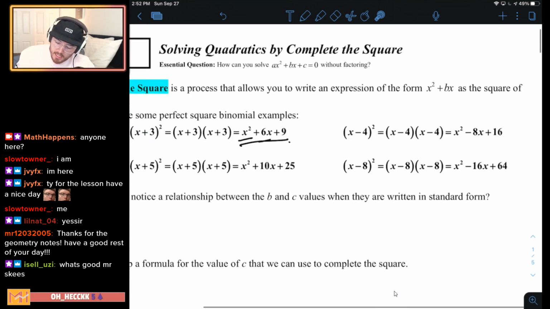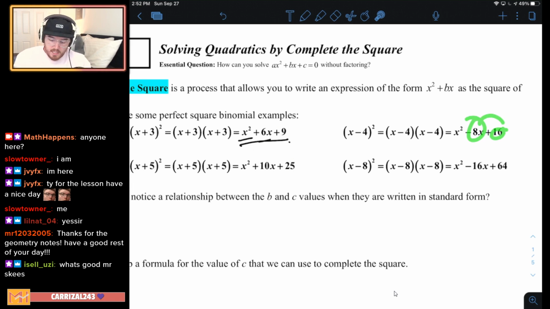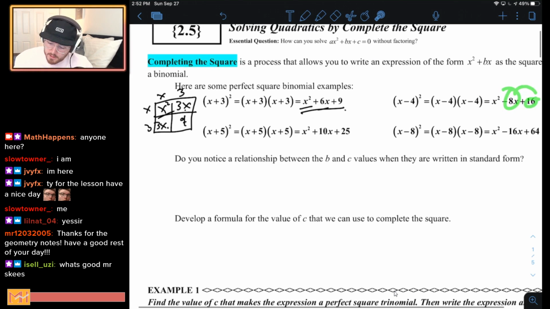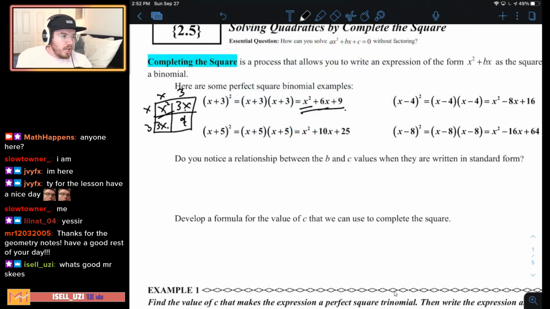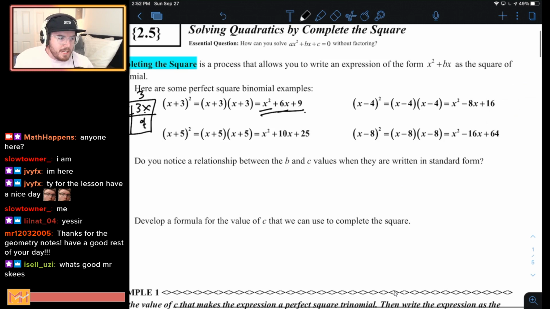What's the relationship between these two numbers? How do we get from 10 to 25? How do we get from 6 to 9? Can anyone in the chat potentially help me before I spoil it?